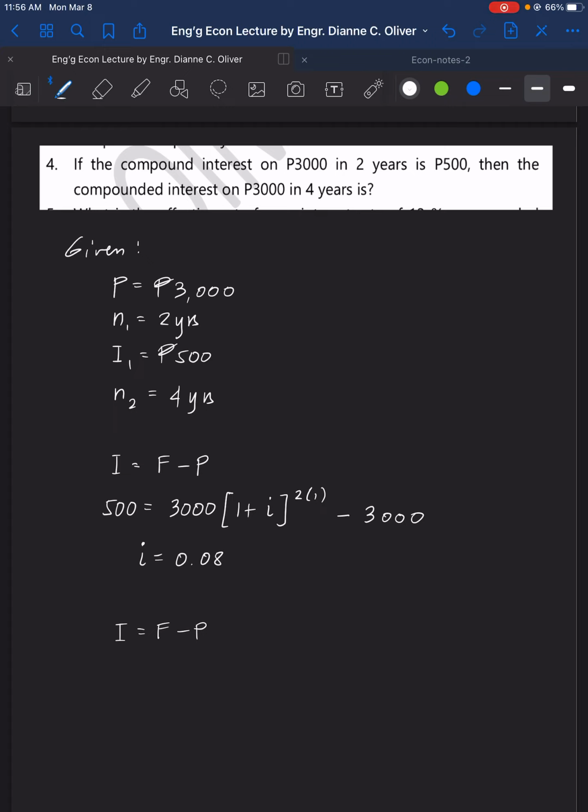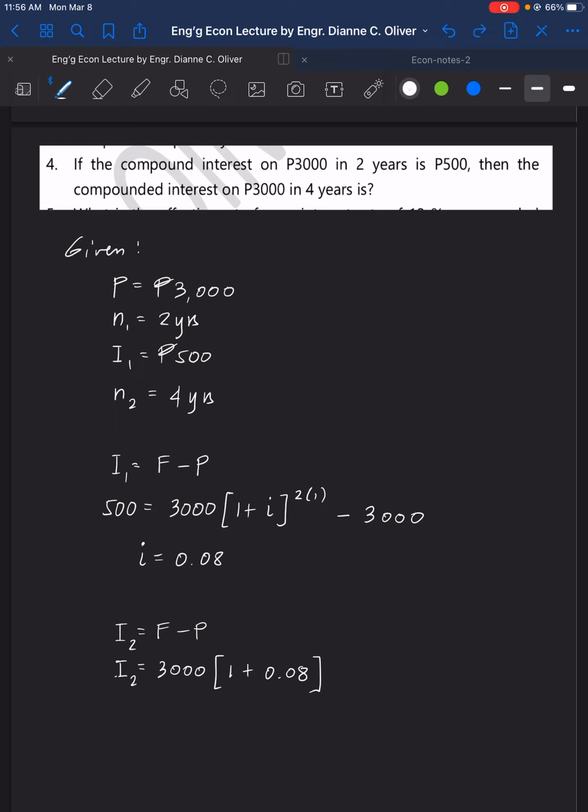So I2 is question mark. So, future worth of 3,000 times 1 plus I, which is given as 0.08, or we were able to solve for 0.08.